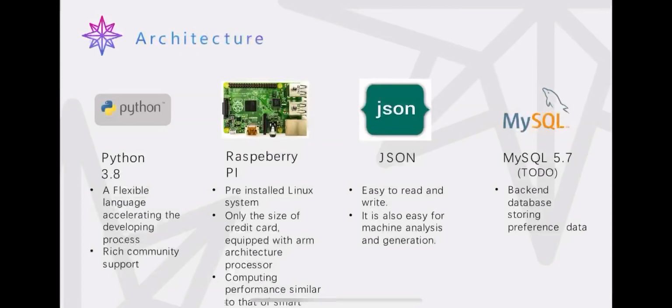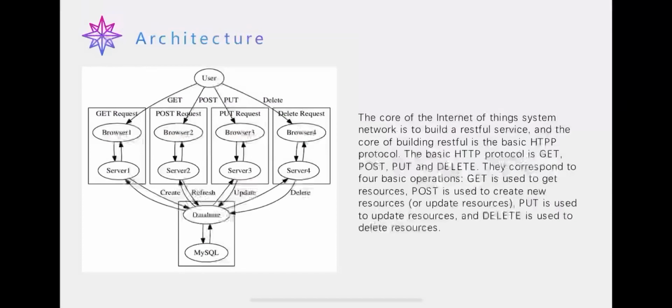You can build your front end and back end all by JSON. For the database, we use MySQL because it is a very mature technique. I will show you several architecture pictures to help you understand. The user will have four instructions for the browser: GET, POST, PUT, and DELETE.